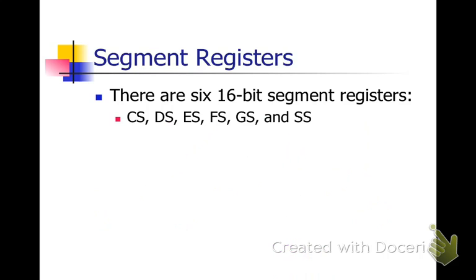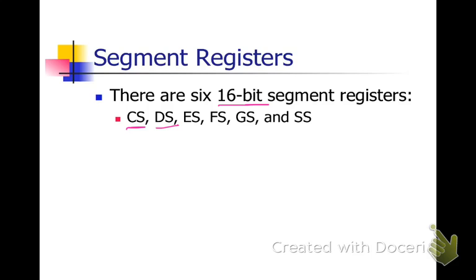Segment registers. This is an example of something that's not 32-bit. These are 16-bit segment registers. The code segment, and remember, these segment registers go back to the segmented memory model, where we said the machine is going to partition memory into chunks or segments. Code segment is where we store code.